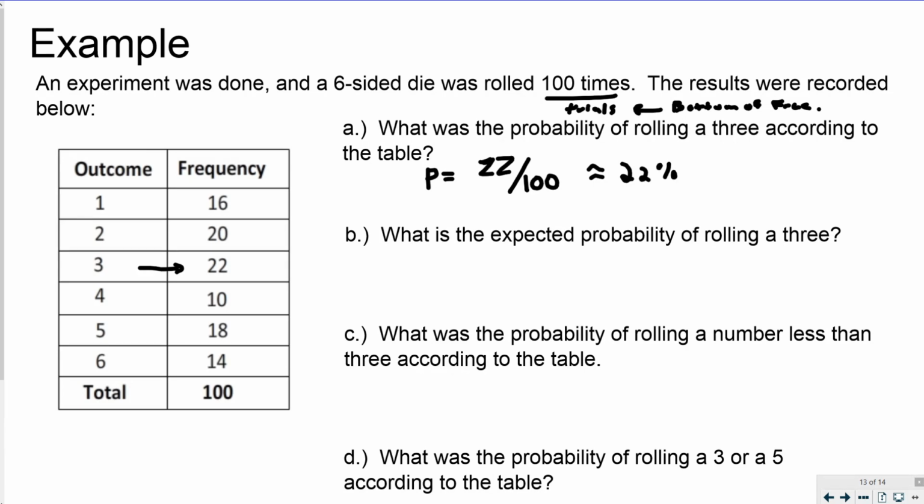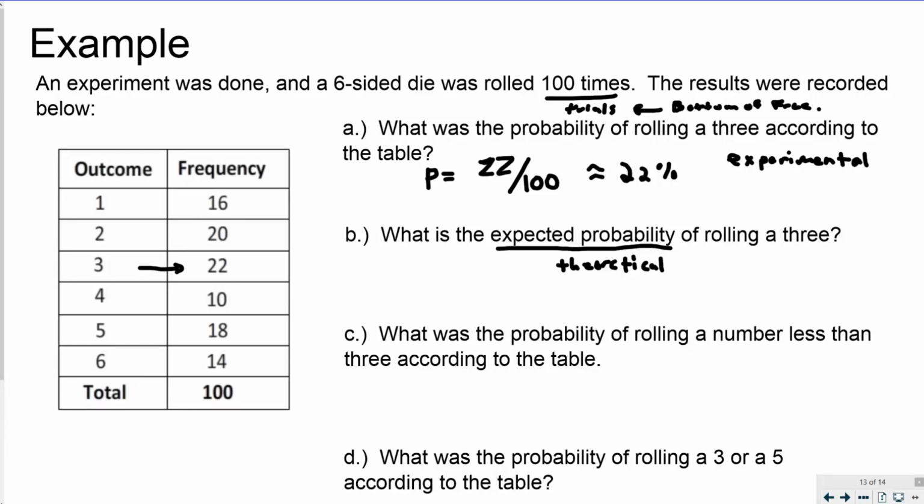What was the expected probability of rolling a 3? When they say expected probability, they're asking you to shift back to theoretical. Letter A that I was doing up here was experimental. This is an experimental probability problem. Letter B is theoretical again.